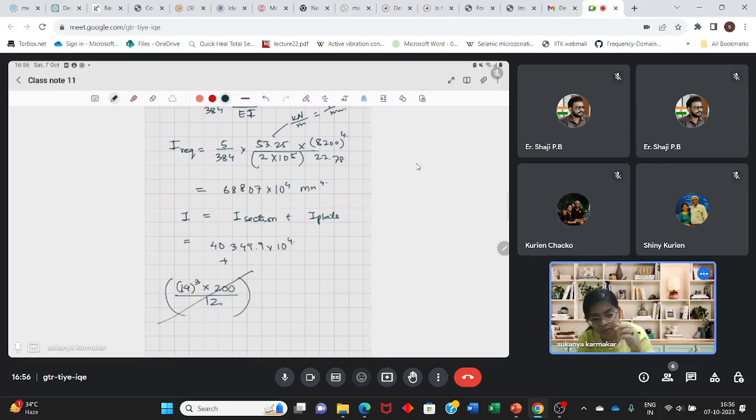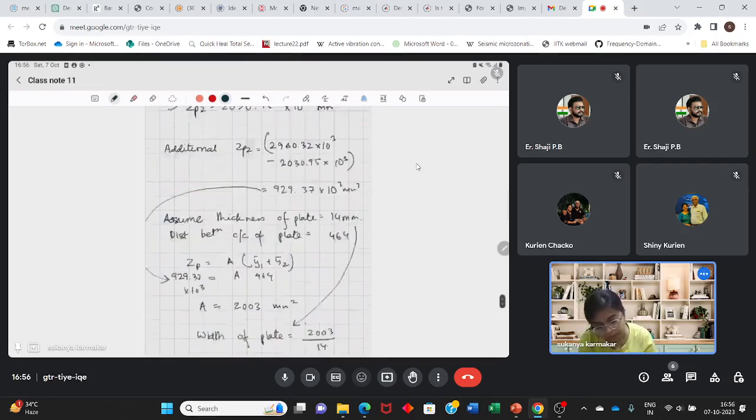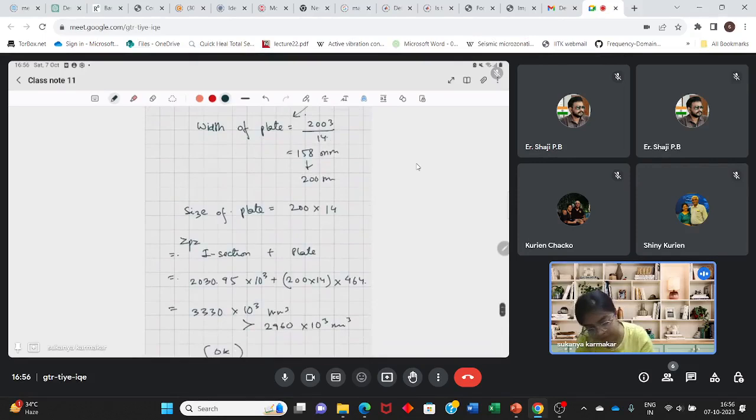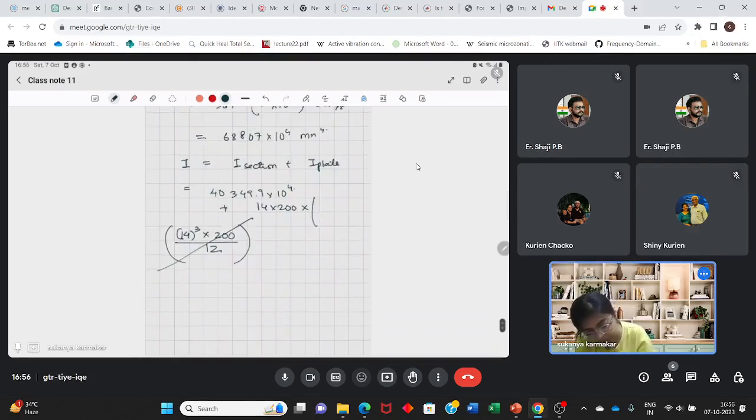We are just using the parallel axis theorem, which is area of the plate, which is 14 into 200, into its distance from the centroidal axis, which is half of 450, which is 225. So half the depth of the I section, which is 225.